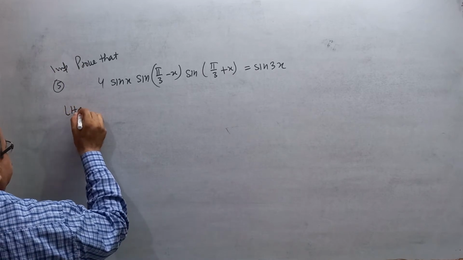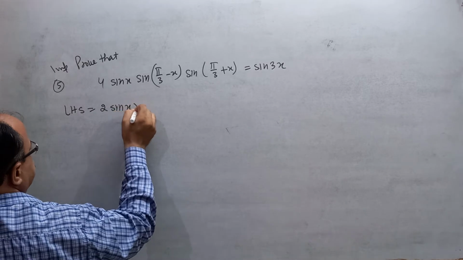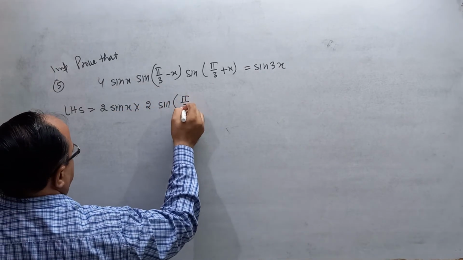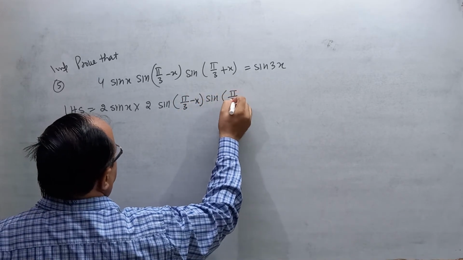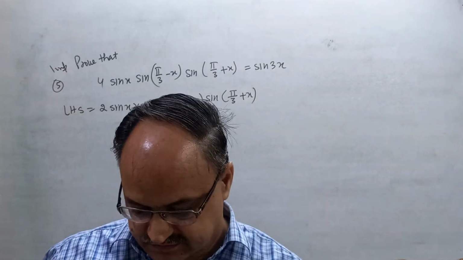Left hand side, can you write like this? 2 sin x into 2 sin (pi by 3 minus x) sin (pi by 3 plus x).